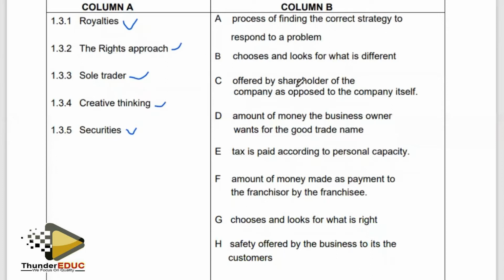This is offered by shareholders of the company as opposed to the company itself. And what is that? Then you try to find something that creates sense here. D, amount of money the business owner wants for the good trade name.